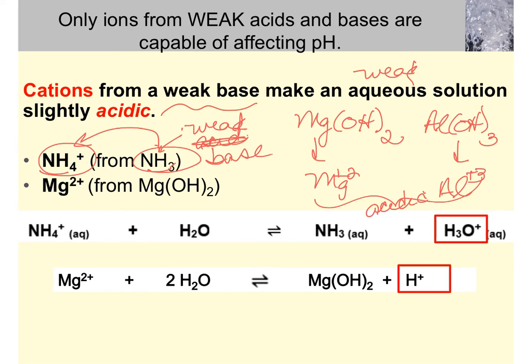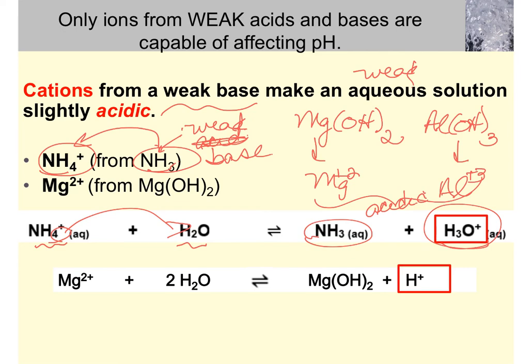NH4 is acidic because, as you can imagine, if you combine NH4 with water, it's going to donate its acidic hydrogen ion to water, producing hydronium ion and leaving behind the neutral weak base ammonia.